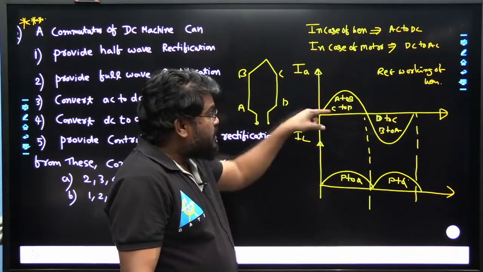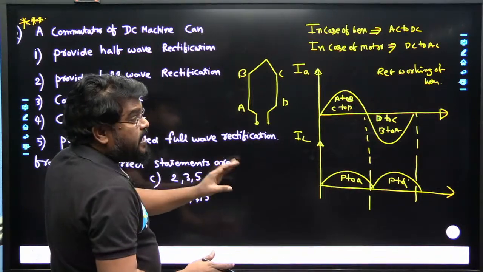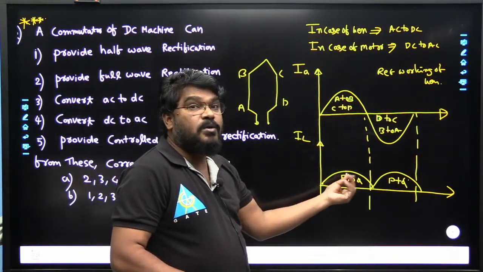So what we conclude here is that the commutator is a rotating uncontrolled device. We cannot control the output current.